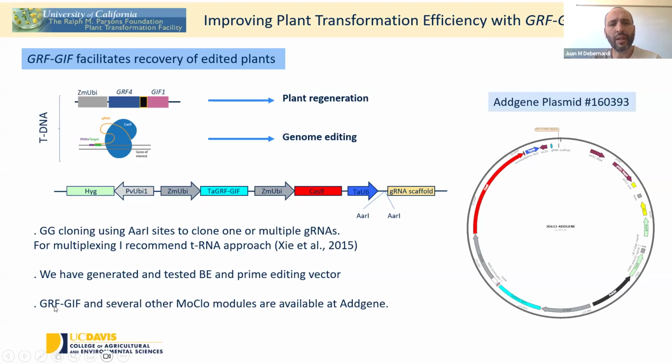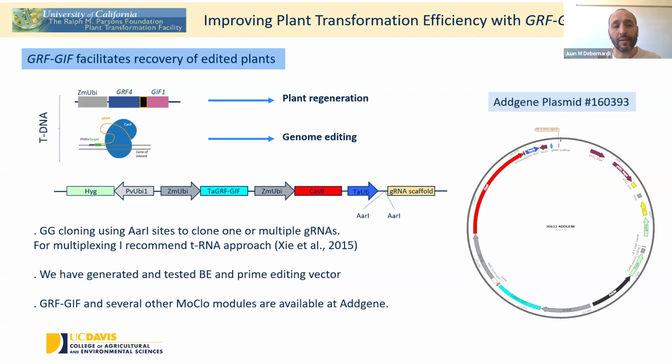And as I mentioned here, there are many other models. Something that I want to say is that I'm switching a lot of our clones to the MoClo system, because there are a lot of resources and modules already in Addgene. Cloning is very simple, so I'm trying to move everything into that.